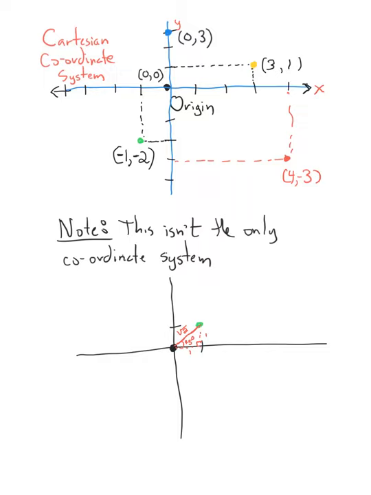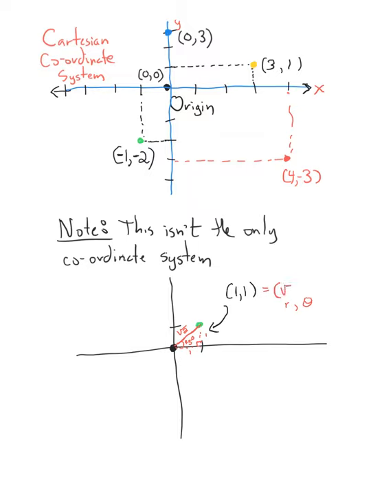So in something called polar coordinates, don't worry about this too much, but another coordinate system, instead of 1, 1 in the Cartesian, you could give the point as the length, which we call r, and the angle, which we call theta.